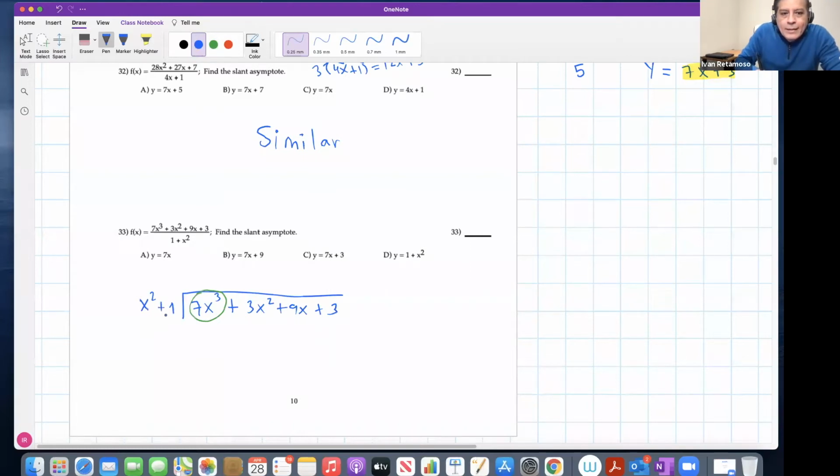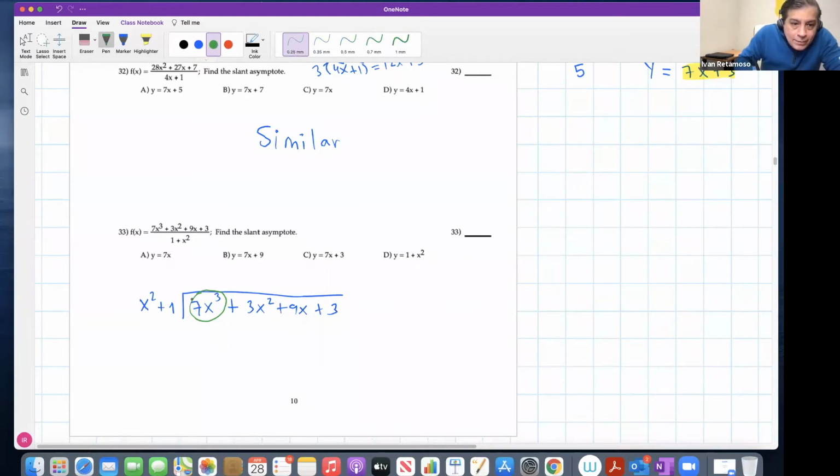And you may say, Professor, this is not complete. Don't worry about the divisor being incomplete. You should worry about the dividend being complete, right? The dividend is complete. Cubic term, quadratic term, linear term, constant term. So this is enough. You can handle the divisor not being complete. I will show you.